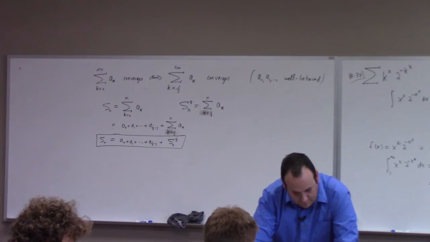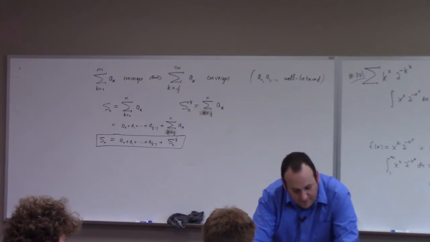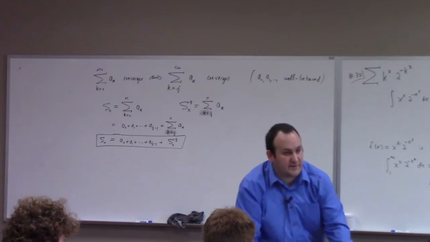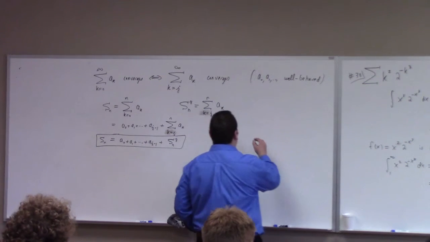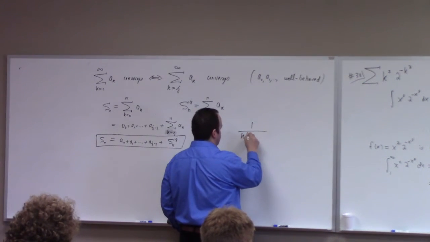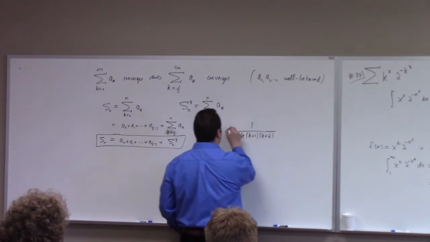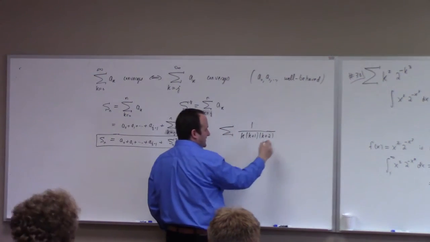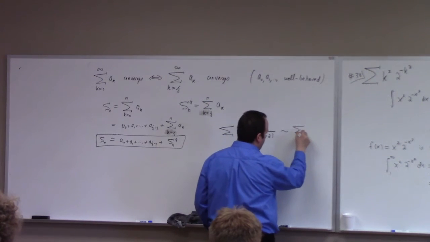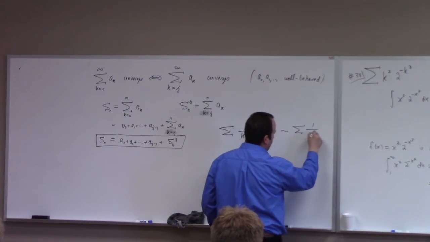Yeah, compare it to 1/k. I think if we use limit comparison, on number 12 we have k times k plus 1 times k plus 2. Now here's what jumps out at me when I look at this. This is intuition.